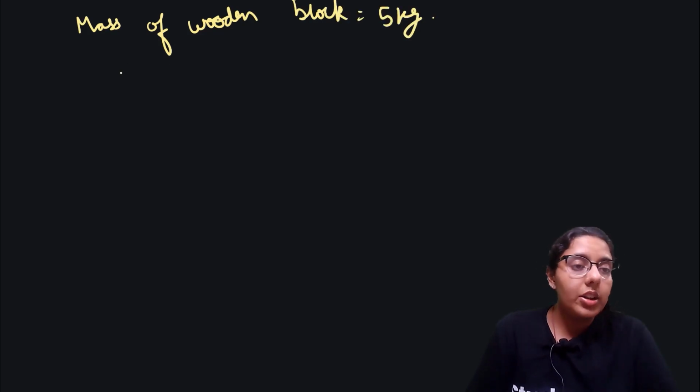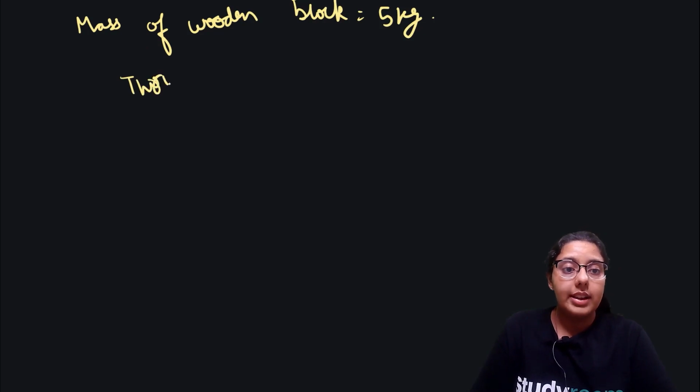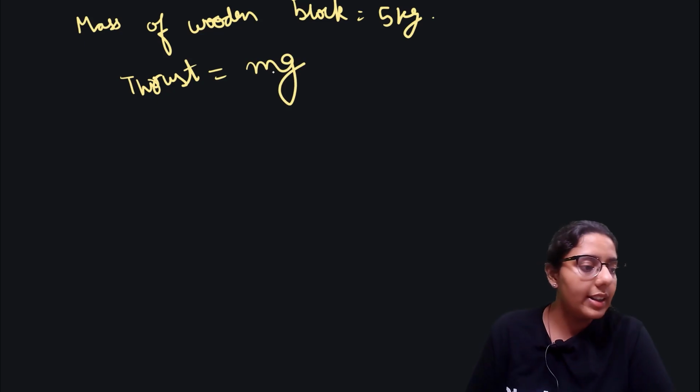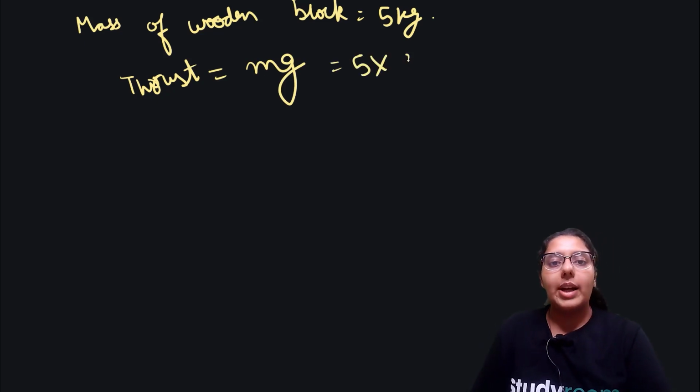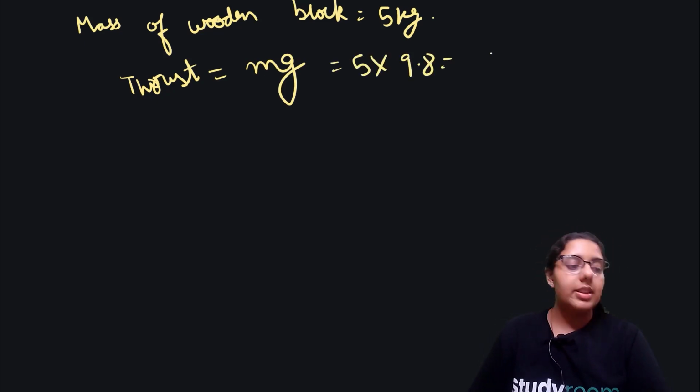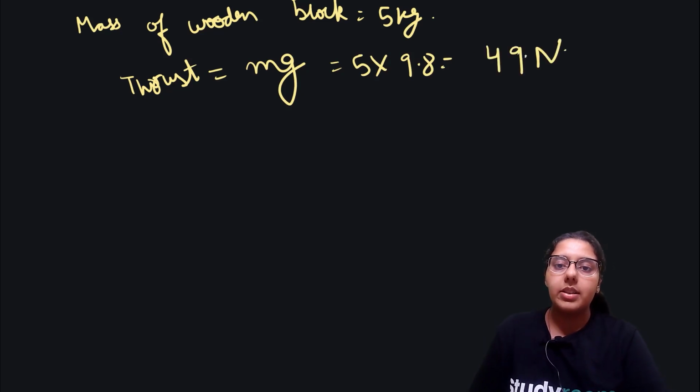And what is your thrust? Thrust is nothing but your perpendicular force. Thrust is equal to mg, correct? Thrust is 5 into 9.8. How much is this? It's 49.0, 49 newtons, right?